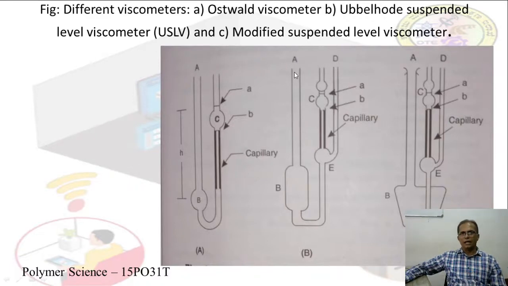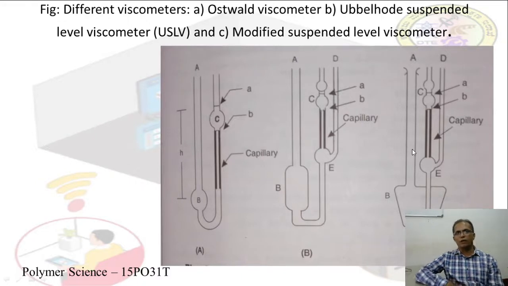This is the enlarged limb, and this capillary is below this bulb C, and a third limb is there. So this is another type of viscometer we can make use of for the determination of the molecular weight by the viscometry method. This is called USLV, Ubbelohde suspended level viscometer.